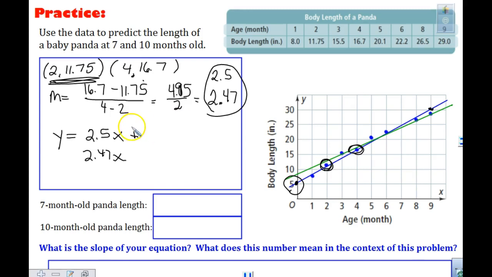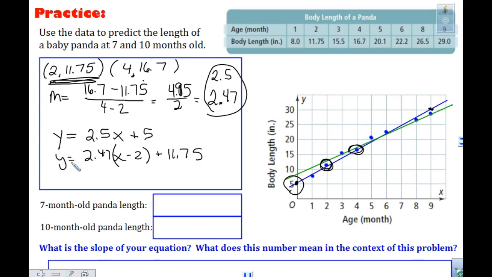From my blue equation, I don't know if you can tell on yours, but mine went through almost exactly at 5, okay? Could I have used this and put y equals 2.5 times (x minus 2) plus 11.75? That would be okay also, right? So just writing that equation.